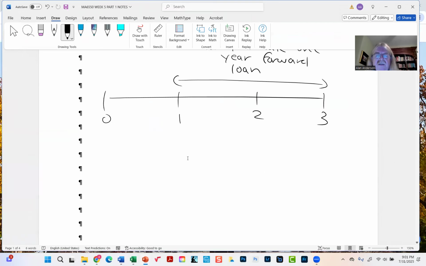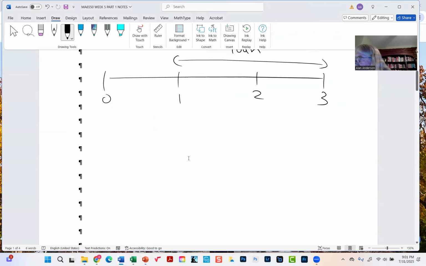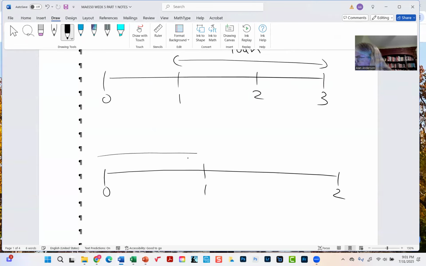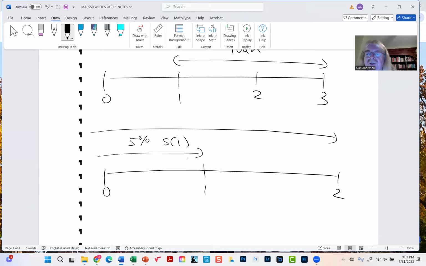So on the timeline, it would look like this. And by the way, this is actually a spot rate, so we'll call it S1. And then the 2-year rate, which is actually a 2-year spot rate, would be 6%.